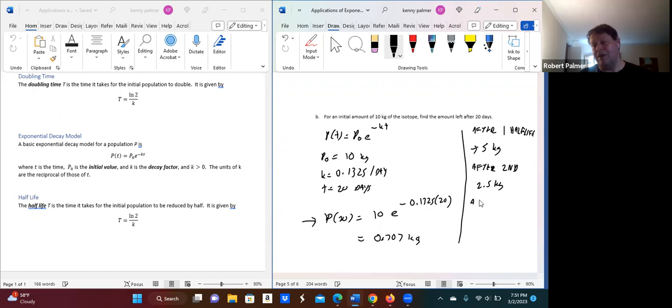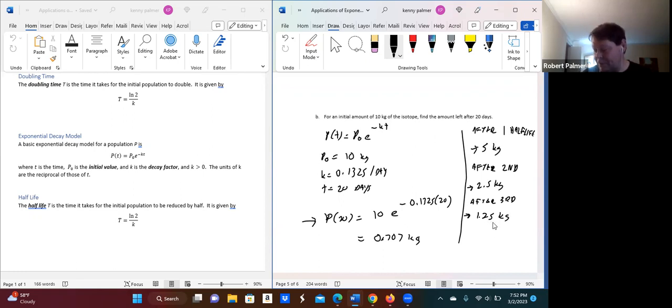After the third half-life, that's 2.5 divided by 2, which should be about 1.25 kilograms.